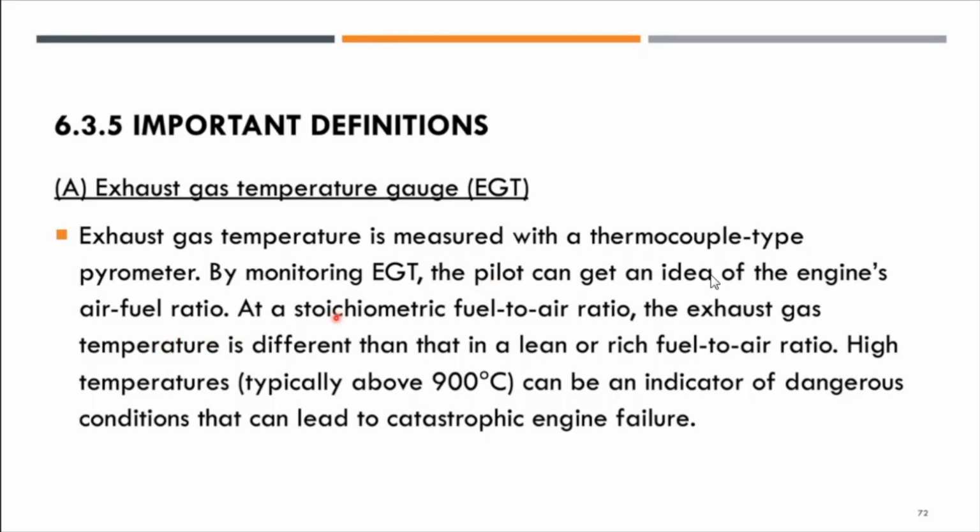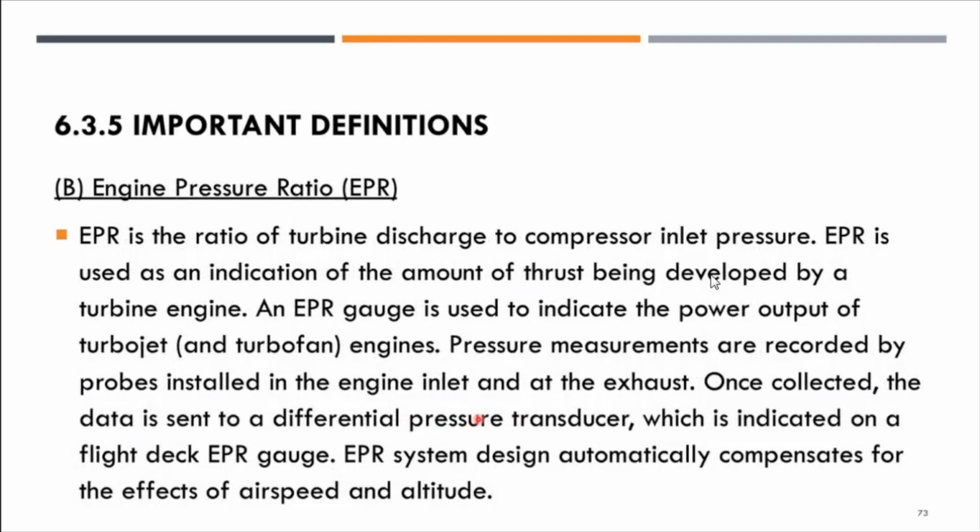At a stoichiometric fuel-air ratio, the exhaust gas temperature is different than in a lean or rich fuel-air ratio. High temperature, normally above 900 degrees Celsius, can be an indicator of dangerous conditions, and that can lead to a catastrophic engine failure.